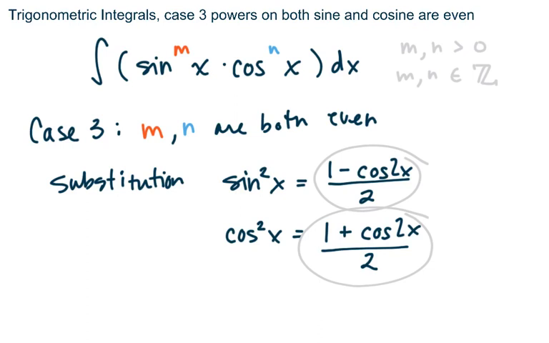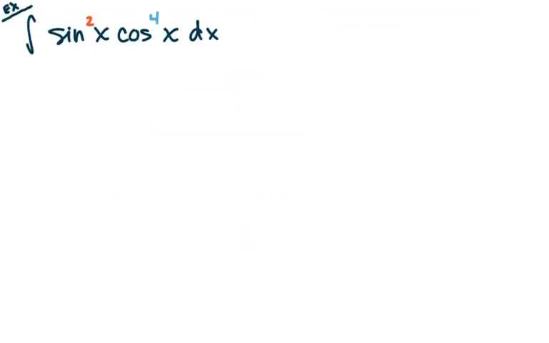All right, so we're going to do some substitutions here. Let's look at an example. For this example, you'll notice that both my power on sine and cosine are even. We need to integrate sine squared x times cosine to the 4th x with respect to x. So we're going to use both of those double angle substitutions.